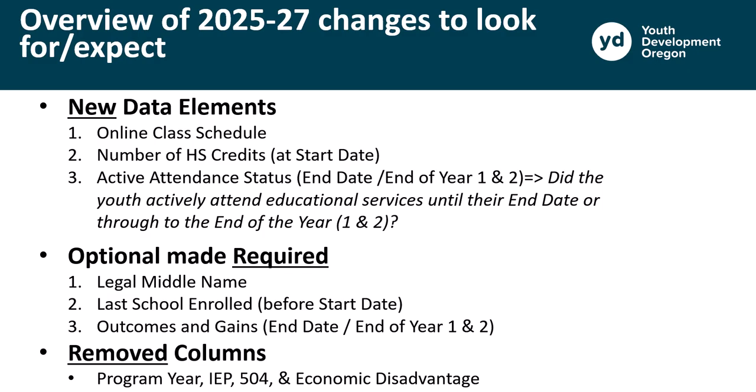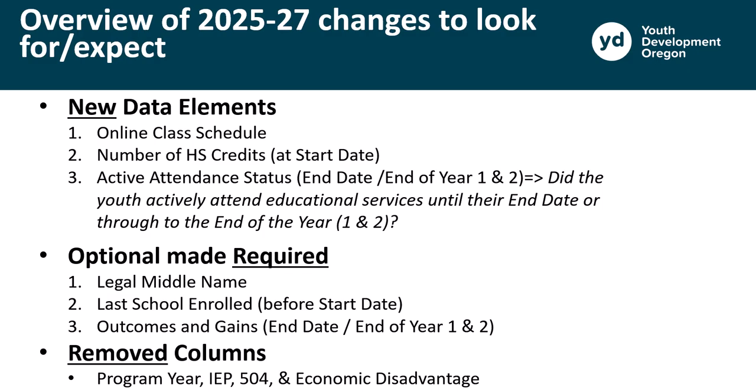For the educational service placement for high school completion, there will be a column which asks if the participant's class schedule is delivered online. You'll also be completing the total number of high school credits that the Reengaged youth has earned at start date.